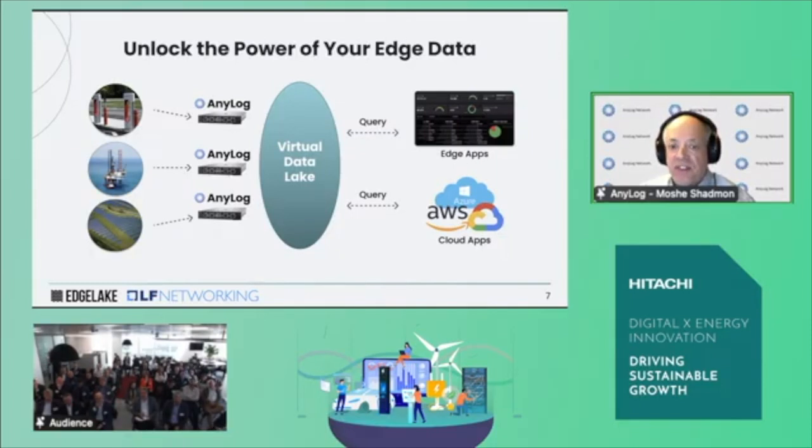The same SQL queries that once went to the cloud can now be routed directly to the edge. Data can still move to the cloud, but much less data, because the edge can now handle the queries that previously had to be executed in the cloud.